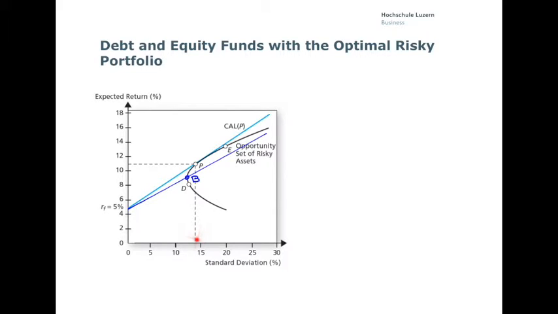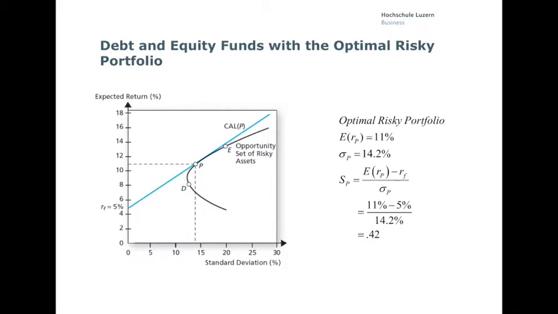To calculate the Sharpe ratio, we simply use the formula defined by the risk premium, which is about 6%, divided by the standard deviation, which is about 14.2%, resulting in a slope of 0.42. In practice, when we try to construct optimal risky portfolios from more than 2 risky assets, we need to rely on a spreadsheet or another computer program.